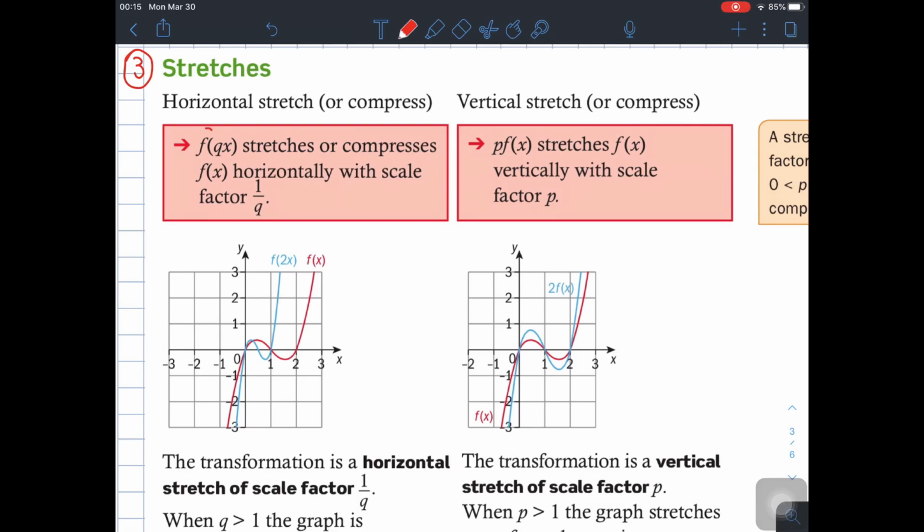So you see the difference once again. In the first case we have the number affecting the x inside the function, and in the second case the p, which is any type of number, is outside the function. Okay, it's multiplying the whole function, and in this case the q is multiplying only the x.